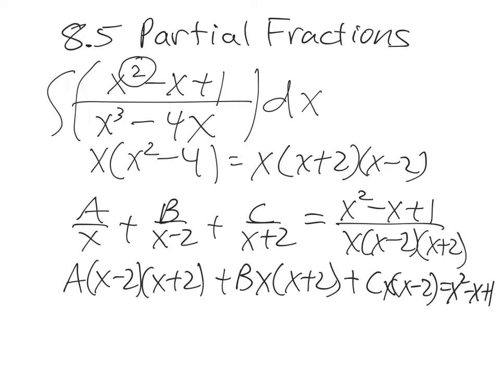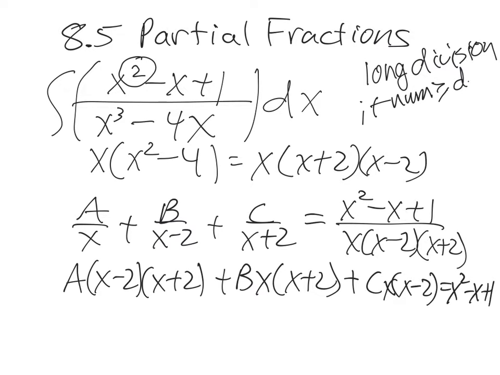Okay, we have to do long division if the numerator has a larger or equal degree than the denominator. So you have to go through long division, and then probably one part of it you'll have to go through the partial fractions. Don't forget about that.